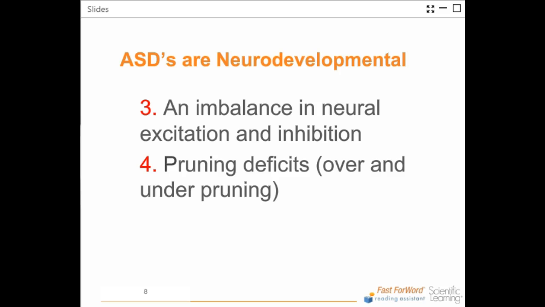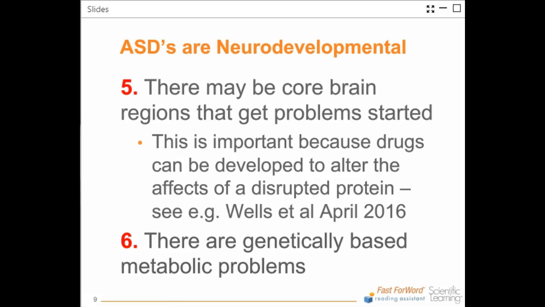You want to eliminate unnecessary connections, unnecessary synapses, so the brain can flower, so it can be good at the things you want it to be good at. And some of the genes that interfere with brain development in children with autism cause these pruning deficits, and we will talk about that.